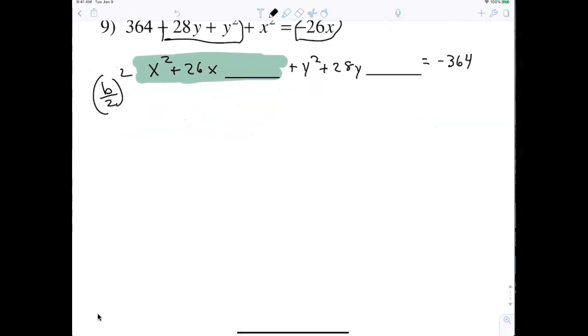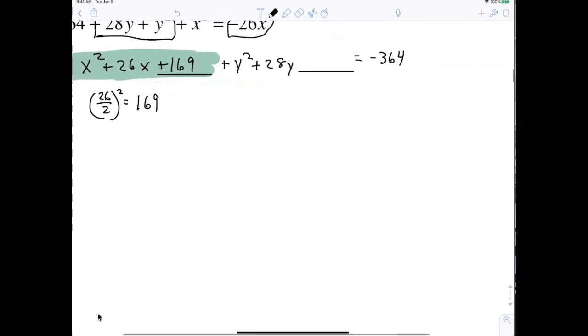26. So in order to complete the square, you take half of 26 and then you square it. Half of 26 is 13. 13 squared is 169. So we're adding 169. So I'm adding 169 to this part of the equation. If I add 169 to the left side, I'm probably going to have to do what? Add it to the right side.